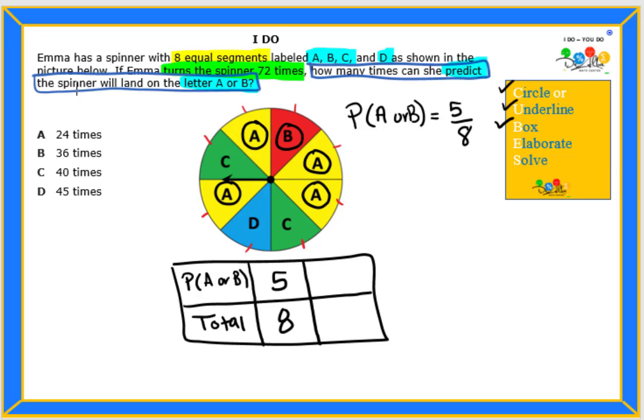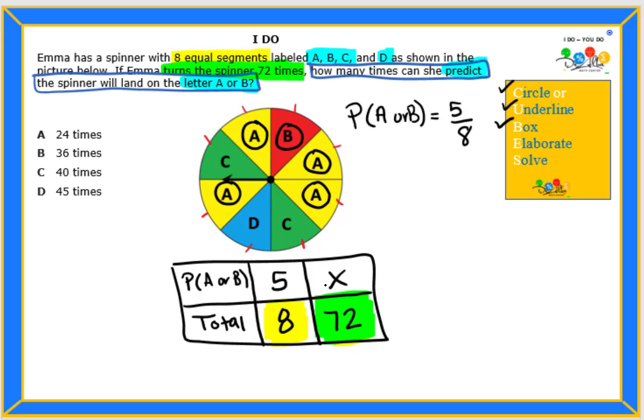And so you can see that this was 8 equal segments, and we want this to be 72 times. And we want to know what this will be. So we put an unknown, we put X.